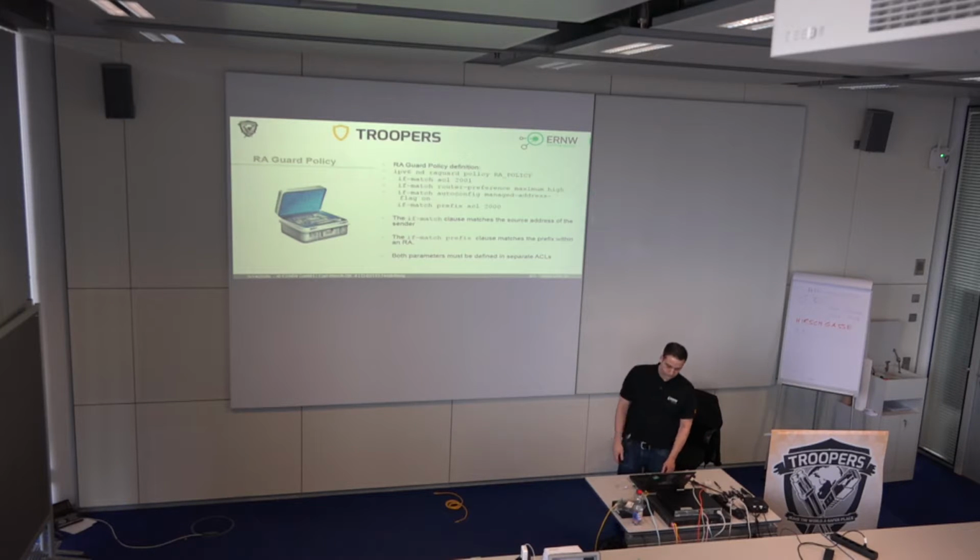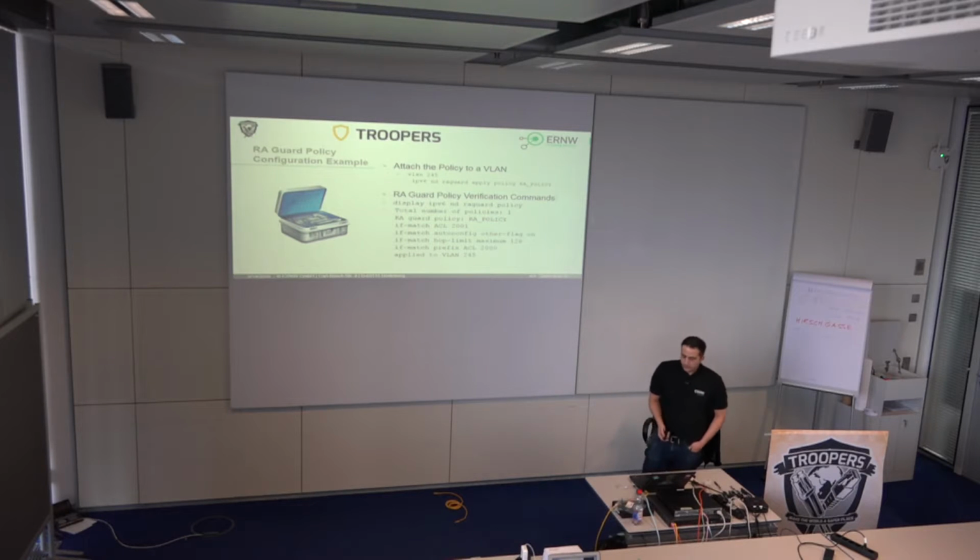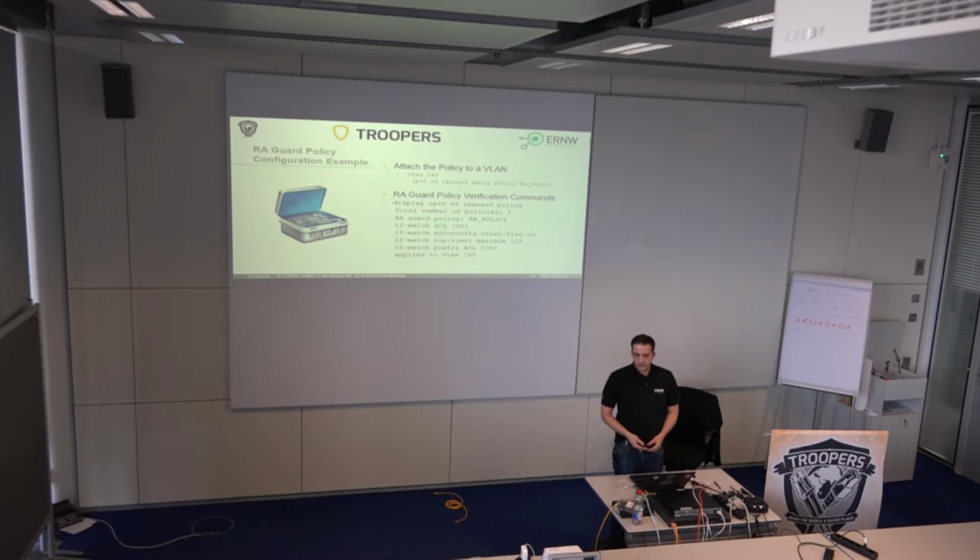And they have to be in separate ACLs. And then just attach the policy to a VLAN so that it gets implemented, and to verify the configuration of the RA-guard policy, just say display IPv6 RA-guard policy, and you get all the items you configured.